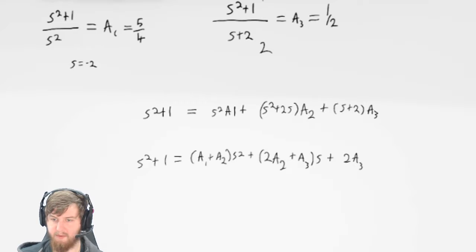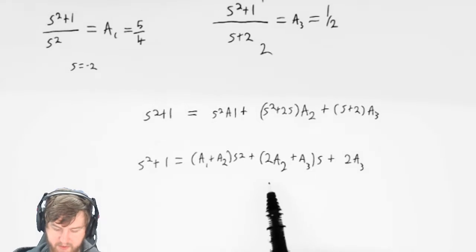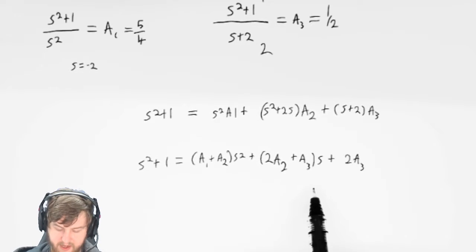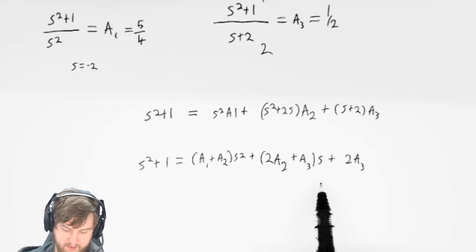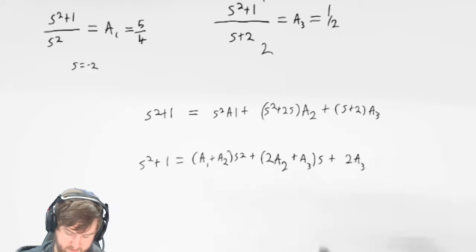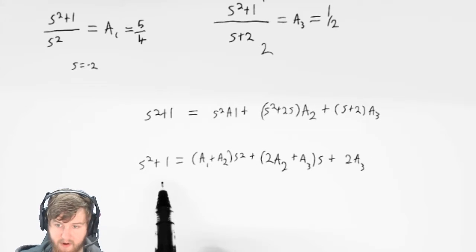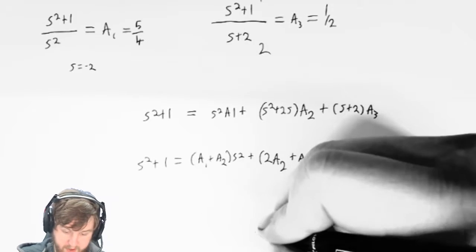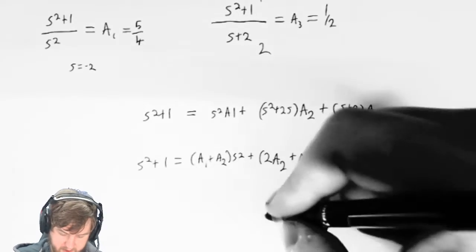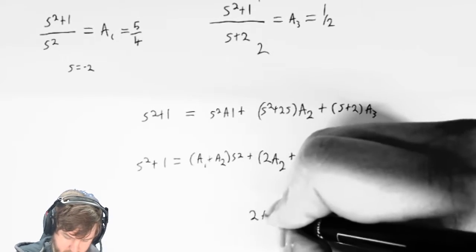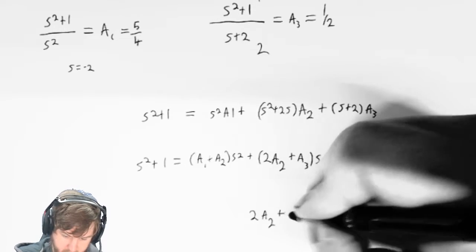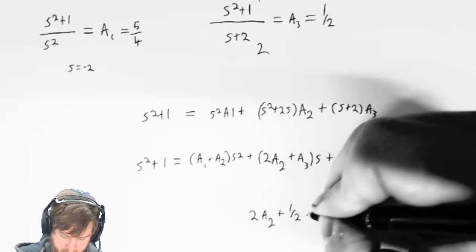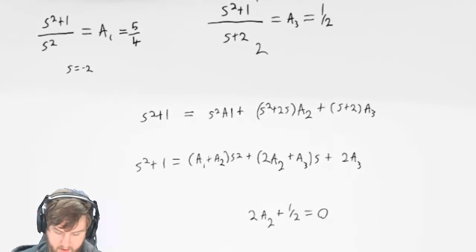So let's see, there's a couple easy ways to do this. One relationship we have here is 2a2 plus a3 is going to be equal to 0, because there's no s term over here. We don't know what a2 is, but we do know what a3 is. So 2a2 plus 1/2 is equal to 0.